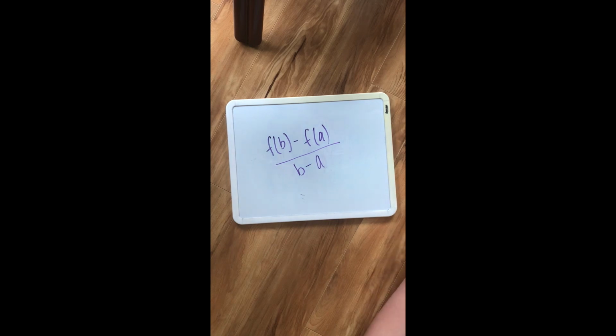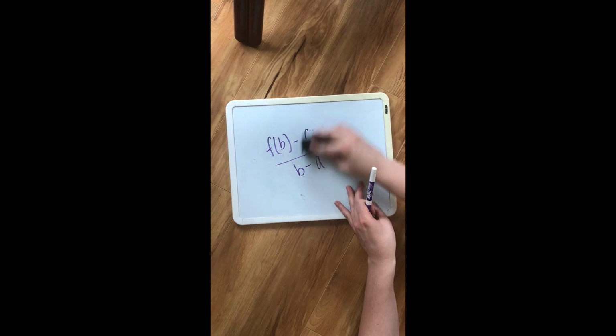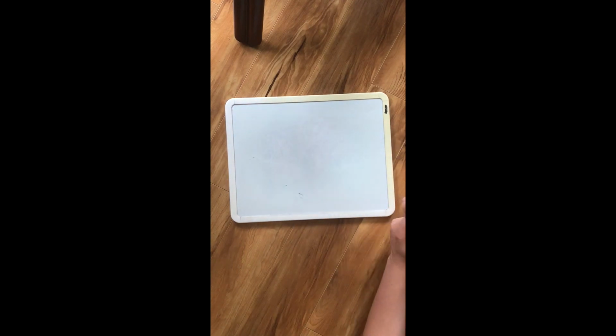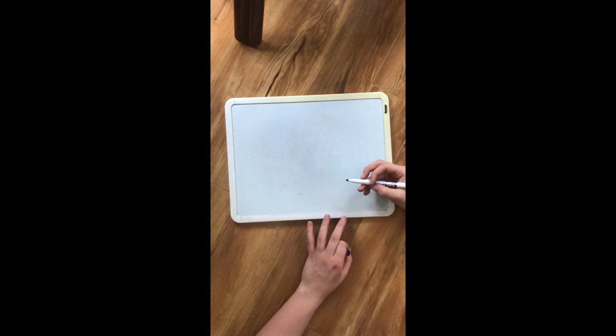We can even use limits to find the slope. The slope of a curve y equals f of x at the point a, f of a is the number m.